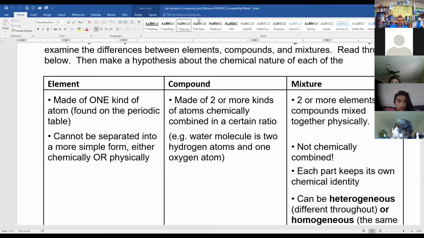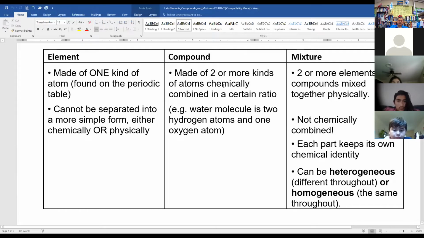So you can't do it chemically or physically. Obviously, if you have a piece, you can break the piece off, but all those pieces will still be considered that element. All right, a compound is made up of two or more atoms chemically combined in a certain ratio.